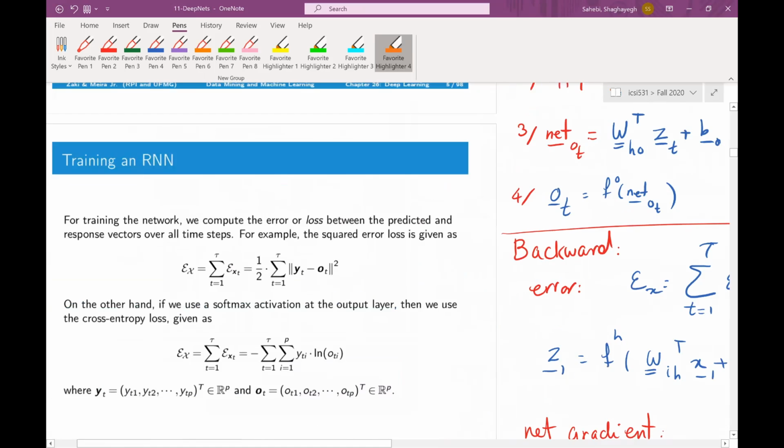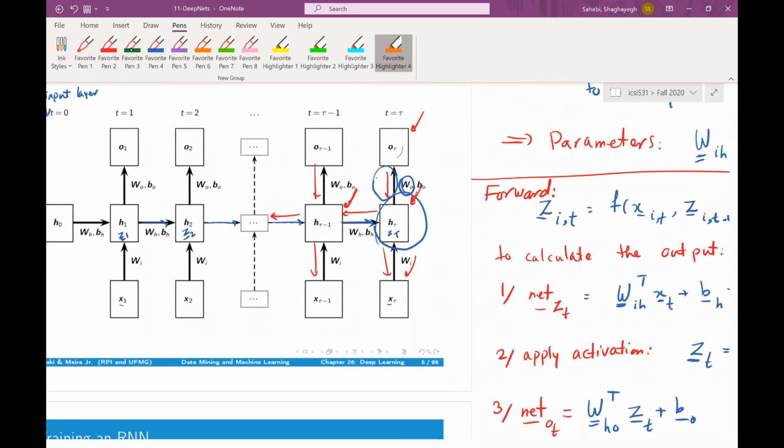But then if we look at H tau minus 1, we can see that the error is backpropagating into it in two ways. One is from O of tau minus 1, and another way from H tau itself, right?